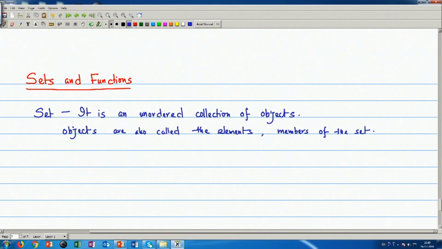Another property of set is that in an unordered collection, the elements we consider are distinct objects.